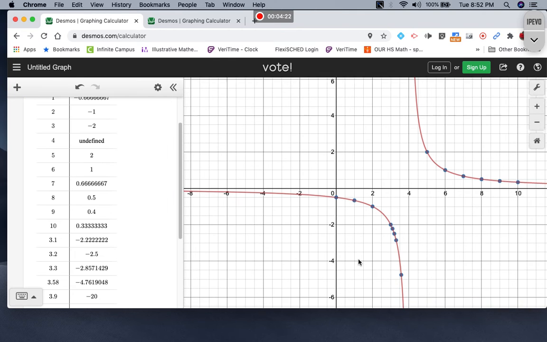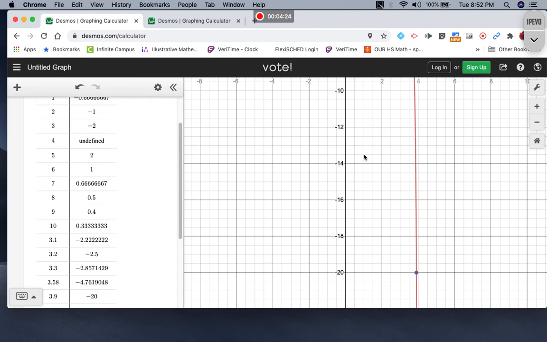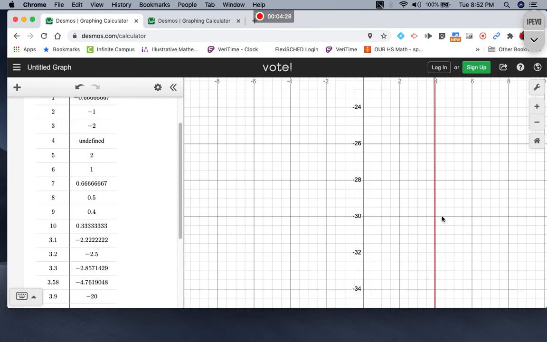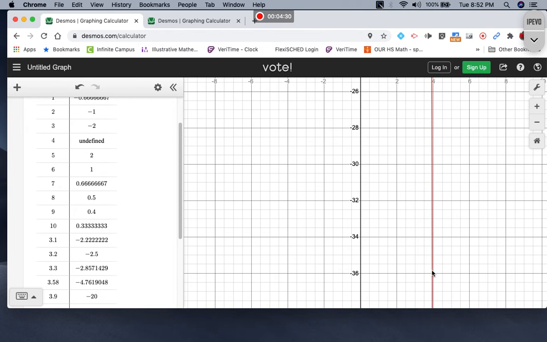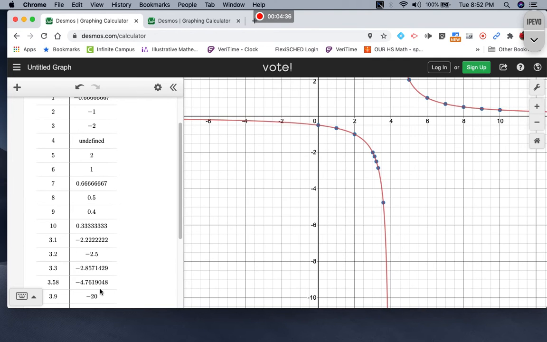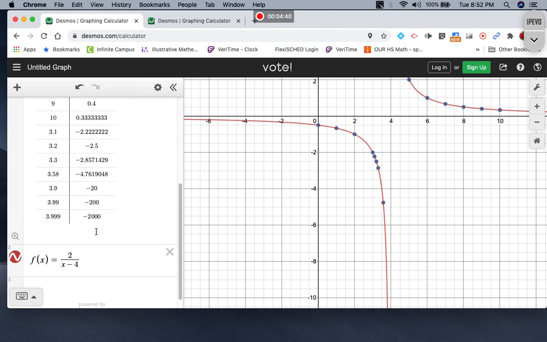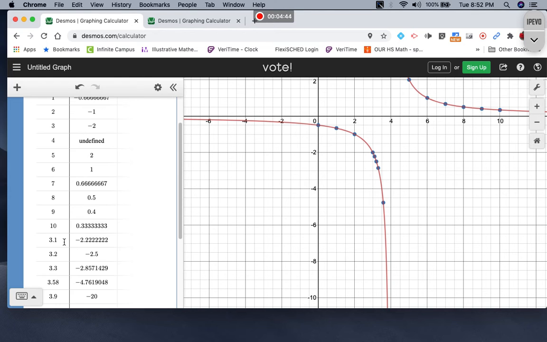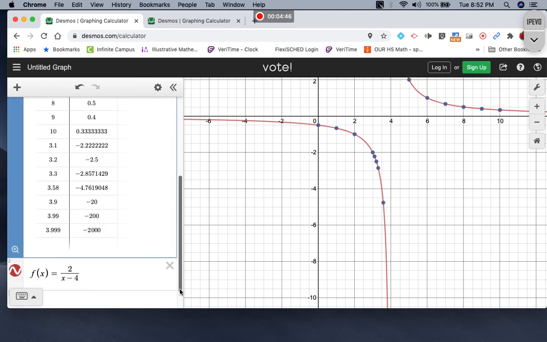So, as we go, here's our 3.9, and it just keeps going down and down, and it almost looks like it's going straight at this point. But again, at 4 we jump. At 3.999 we're at negative 2,000.